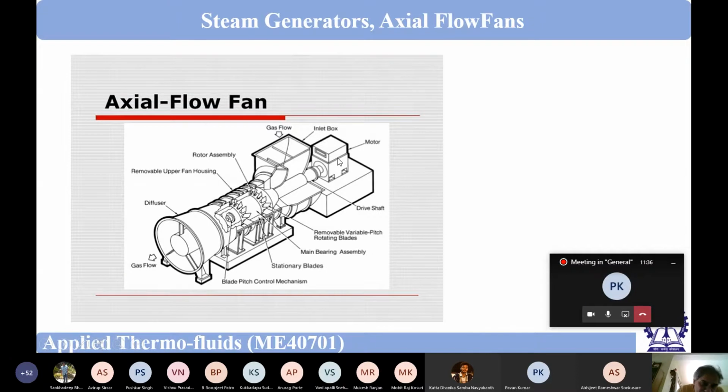Air is coming like this, the gas flow, it is showing the arrow in this direction. So this is one row of blade, this is another row of blade, this is the motor as I have told, and the air is coming out like this.